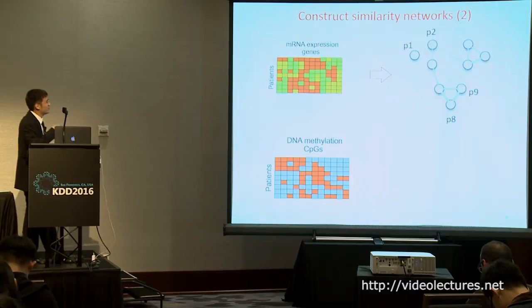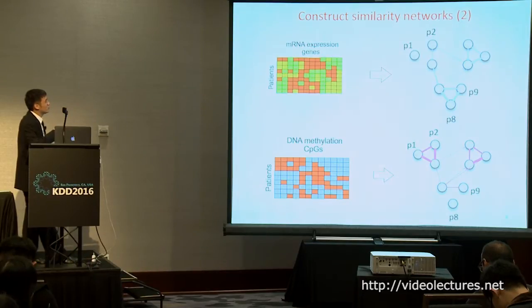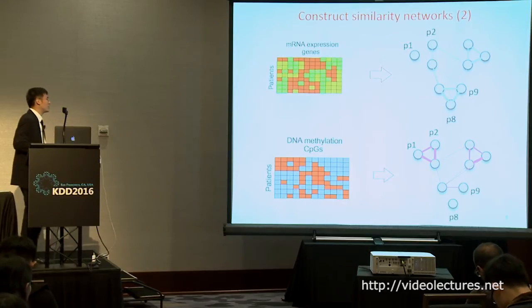This is patient similarity network A, and this is the second patient similarity network, right? Each node is a patient, and the width of the link indicates how similar the patients are. So we have two very different patient similarity networks here.